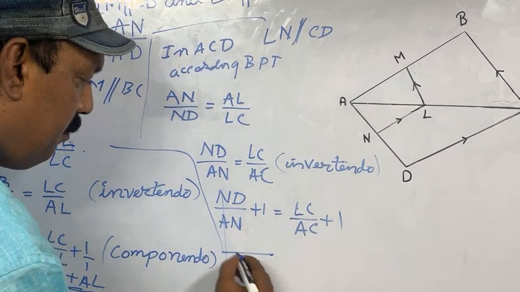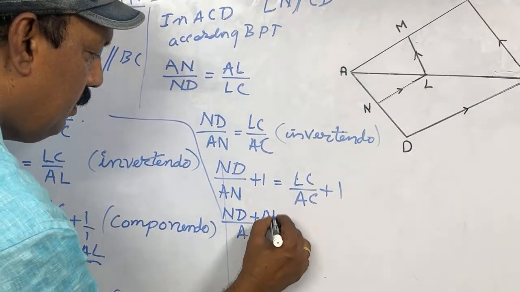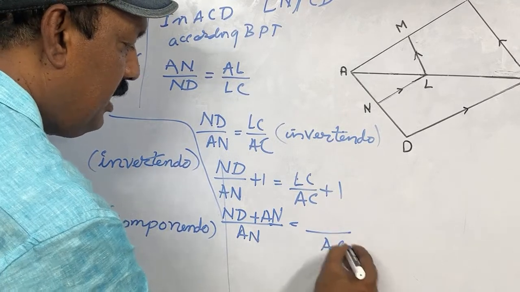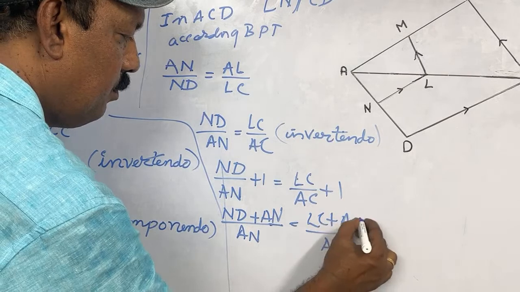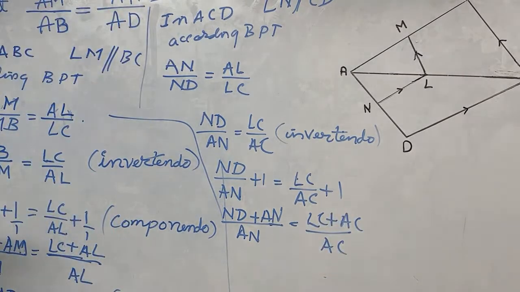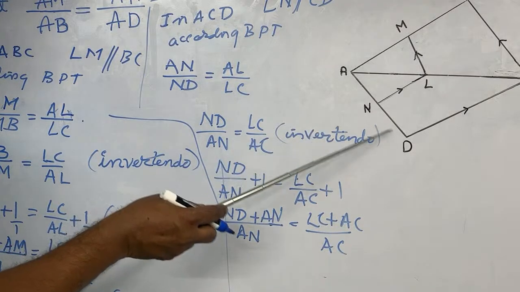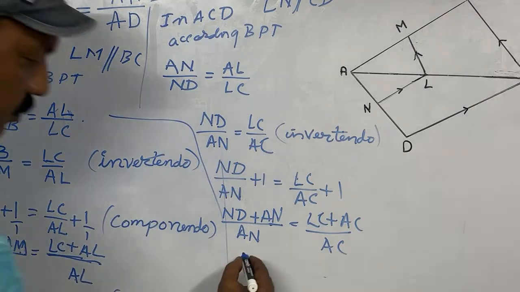AN is the LCM and we get ND plus AN, and on the right LC plus AL. ND plus AN, if you add, we get AD.